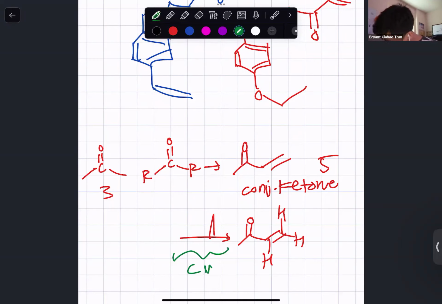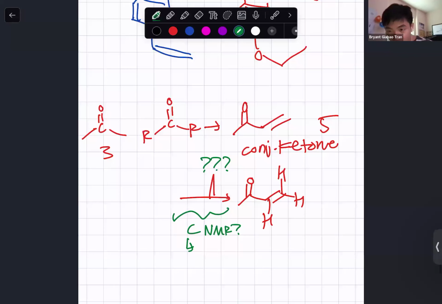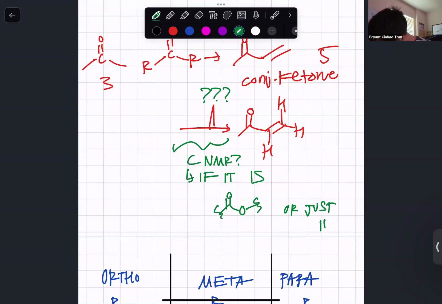Is this CNMR? Or what is this thing representing? The CNMR tells us, oh, okay, yeah. Someone said CNMR tells us if it is an ester or just a carbonyl, right?